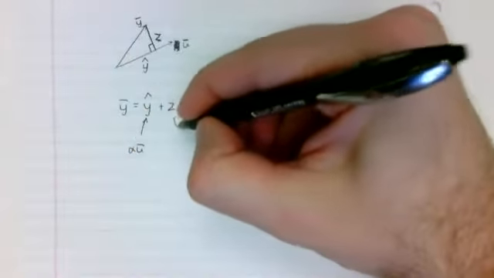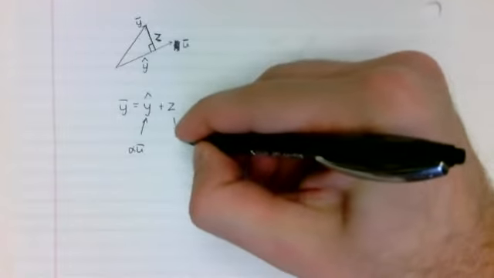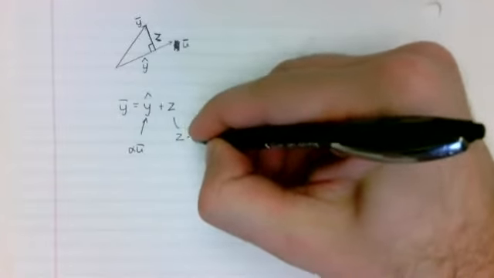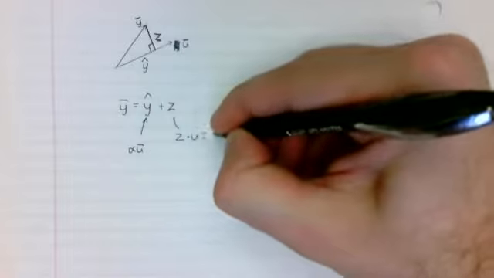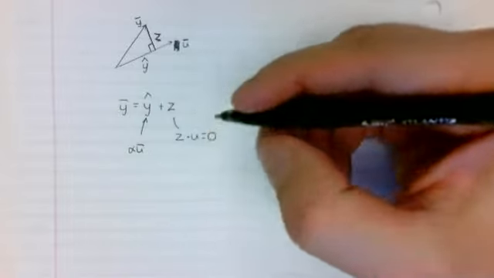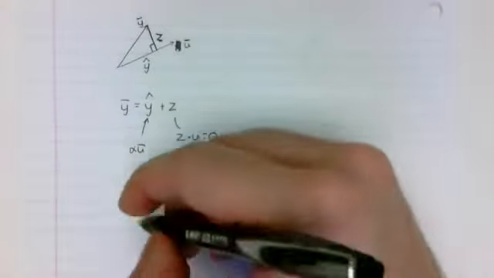And z is orthogonal to u. Taking this first, we have a formula that gives us this alpha.